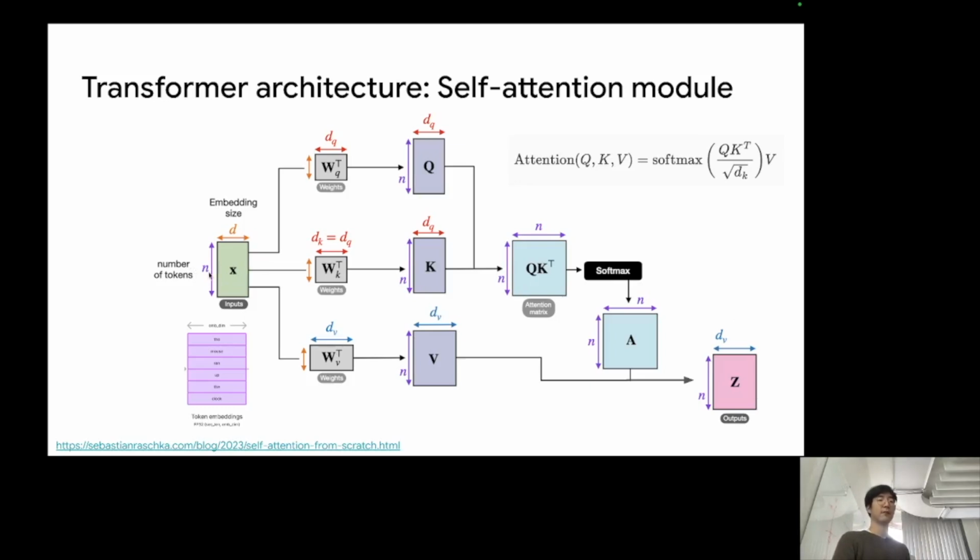You're going to have a number of tokens as a sequence of embeddings, where the embedding dimension is d, and the number of tokens is n. And then you're going to apply a linear matrix multiplication on top 3 times, each for query, key, and value.